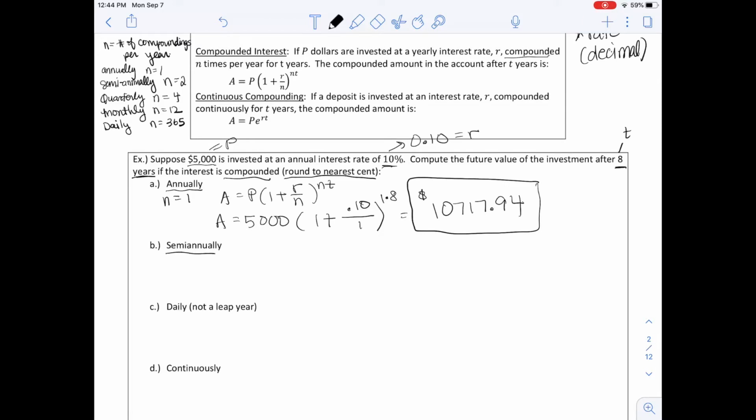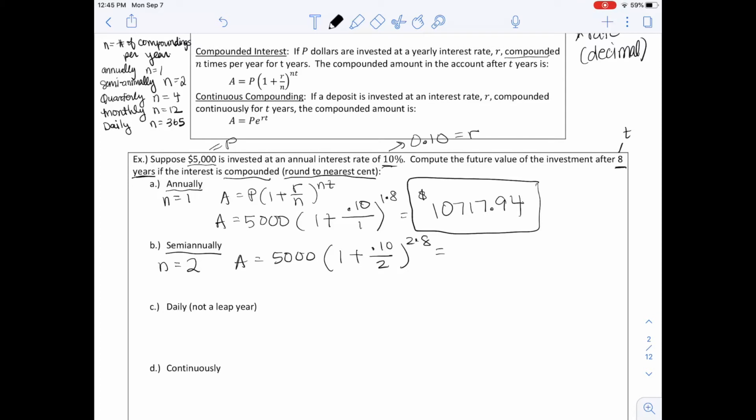The second part, part B, is the same thing, however now compounded twice, meaning they're going to put interest into our account twice a year instead of just once a year. So in the end, we should have more money in our account. The formula is written up above, so I'm going to substitute in all the numbers that we know. P is equal to 5,000, that's our principal. 1 plus 0.10 divided by 2, and this is going to be 2 times 8.